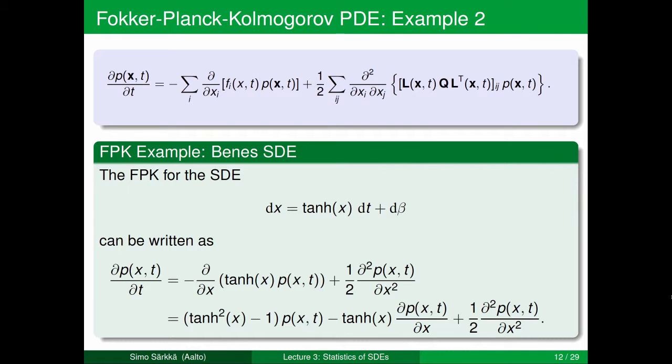Now the Fokker-Planck-Kolmogorov equation is the time partial derivative of p is equal to minus the x derivative of the term hyperbolic tangent of x times p of x and t, plus then half times the second partial derivative of p with respect to x. But now if we expand the first term, this is equal to hyperbolic tangent squared of x minus 1, then times the p of x and t, minus the hyperbolic tangent of x times the partial derivative of p with respect to x, plus then half times the second partial derivative of p.